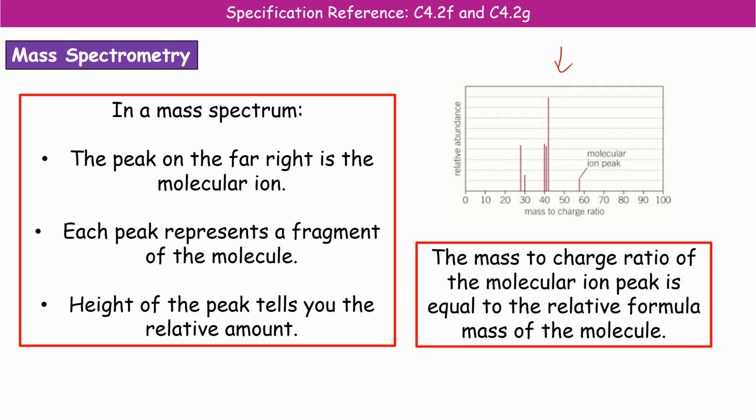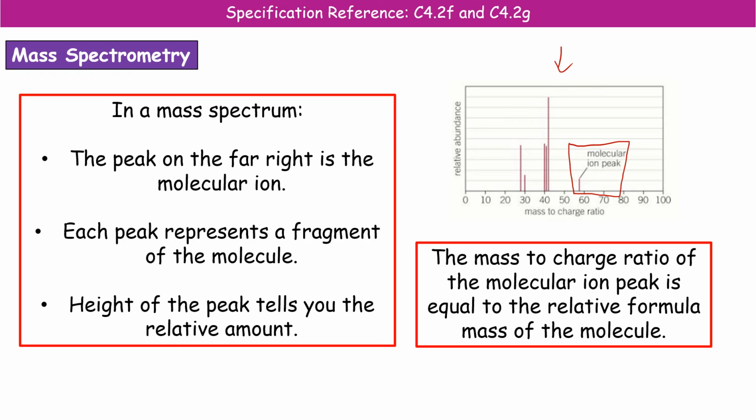Now, what we can see first of all, and if you only remember one thing about mass spec, this is the thing to remember. Whichever peak is on the furthest right of your mass spec, that is the molecular ion peak. The molecular ion peak is literally the whole thing. So that is the whole molecule.